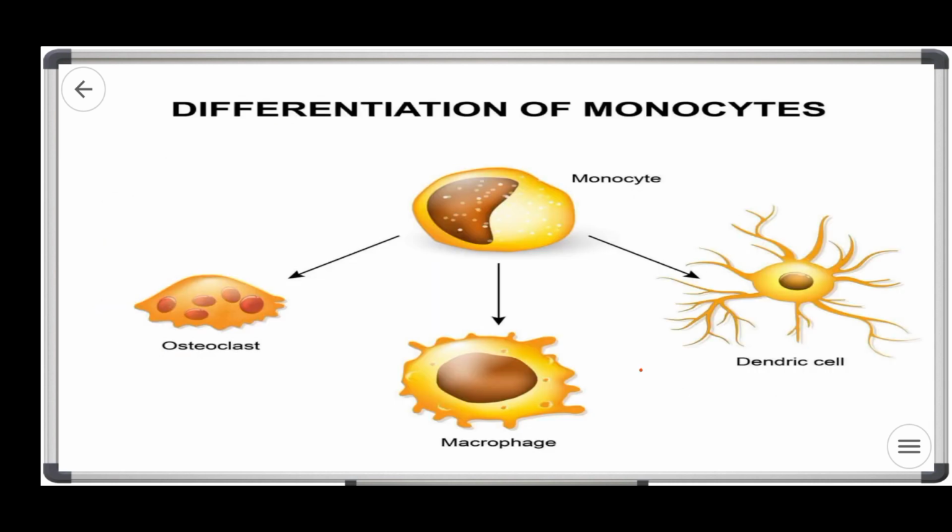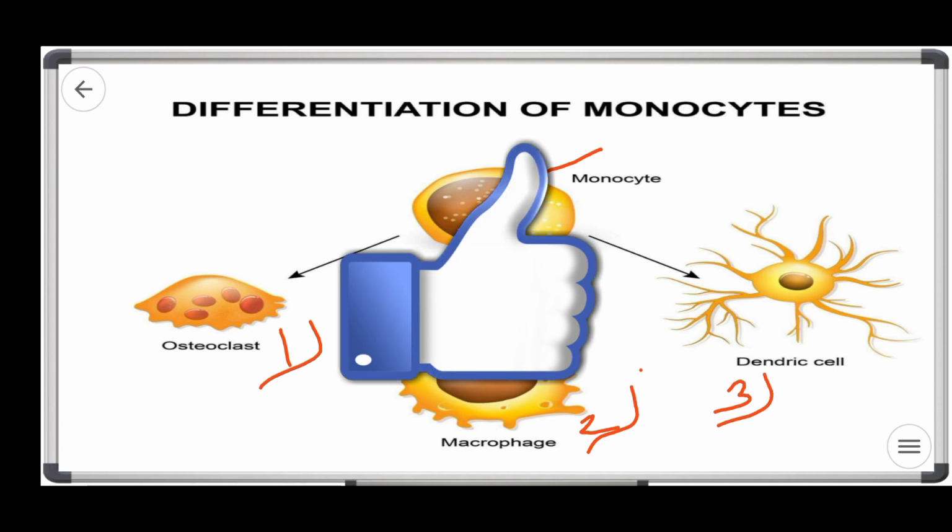Now we talk about differentiation of monocytes. The monocyte is differentiated into three categories: first osteoclast, second macrophage, and third dendritic cell.